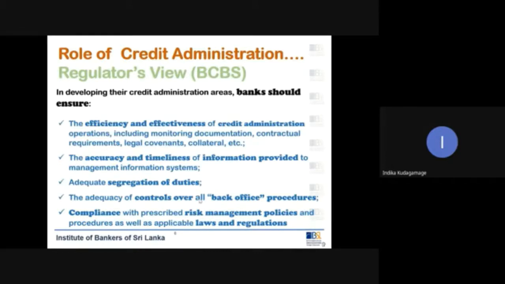Accuracy and timeliness of information provided to MIS, Management Information Systems. Why accuracy and timeliness? Because credit administration has all the information in the bank. Portfolio information, quality information, covenant information, stock information, everything is available with them. So they are the feeder to the MIS, to the board, to the senior management.